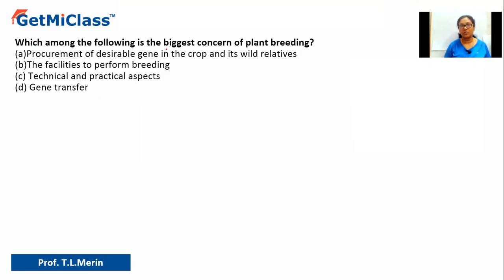Let us understand the question. It says which among the following is the biggest concern of plant breeding? So first let us understand the important words which are mentioned here. Plant breeding. What do you mean by plant breeding?